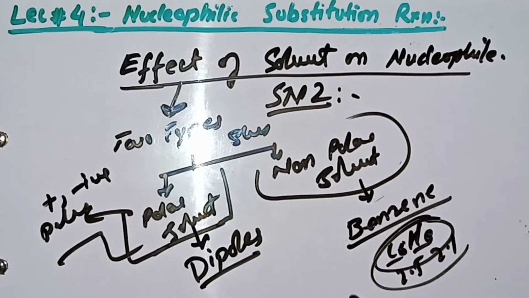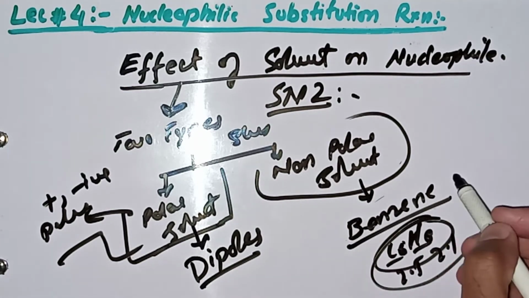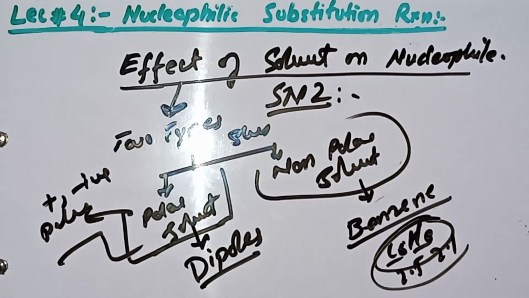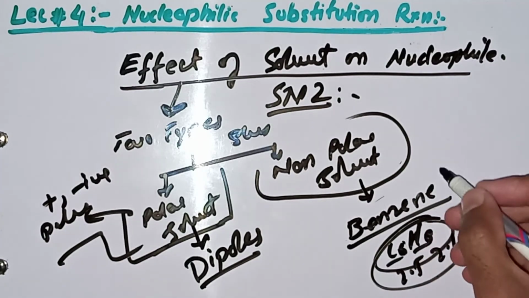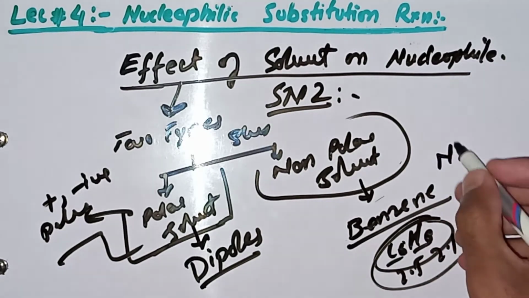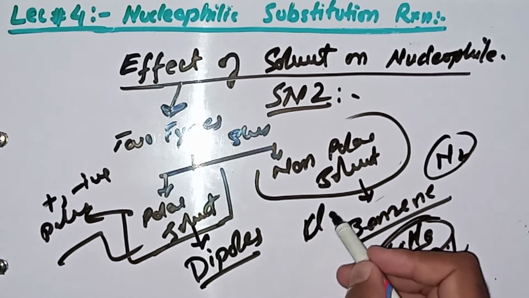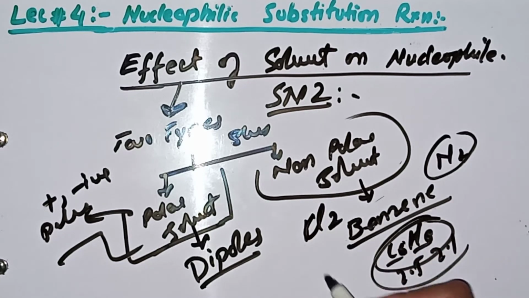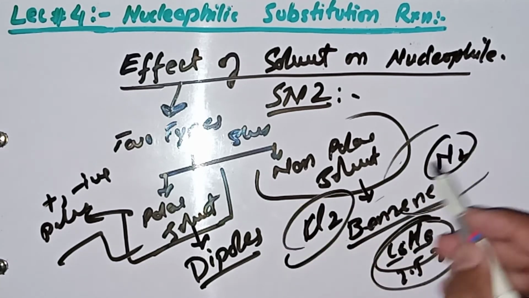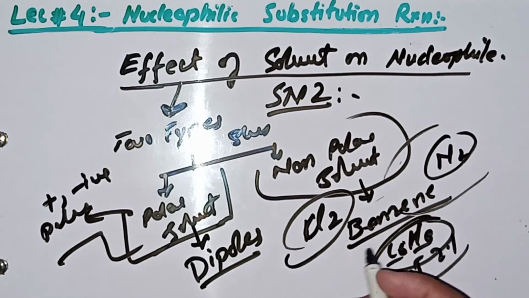That's why poles cannot be formed, unlike in other compounds, like N2, that is a gas, or Cl2. These molecules are non-polar.